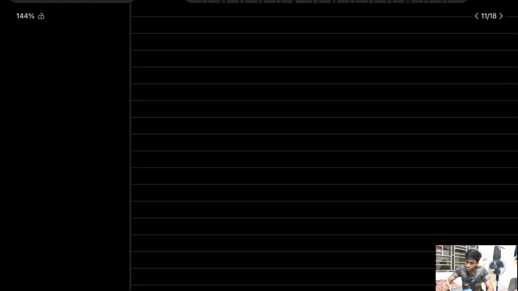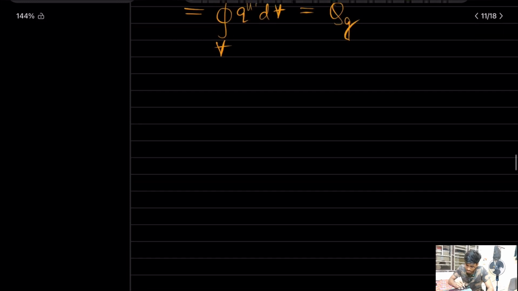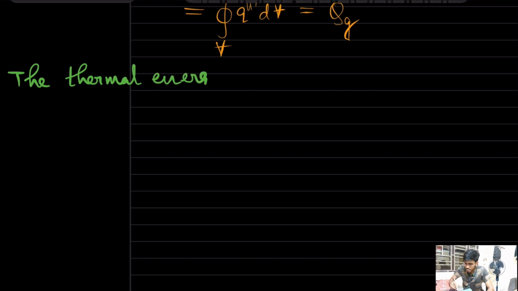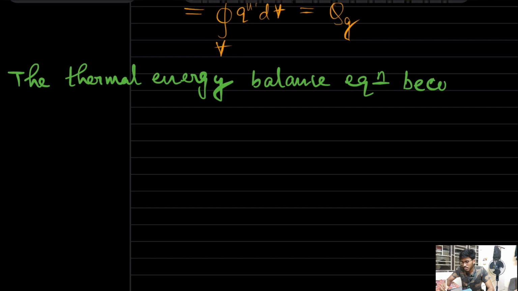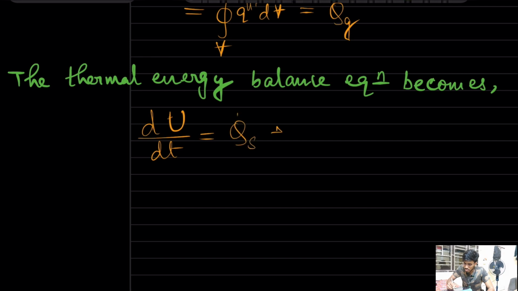The thermal energy balance equation becomes dU/dt equal to Q dot S plus Q dot G. This we saw earlier.